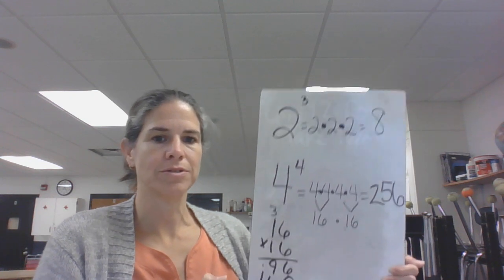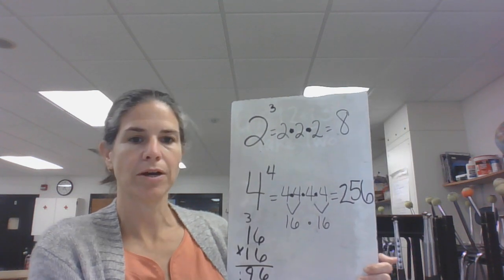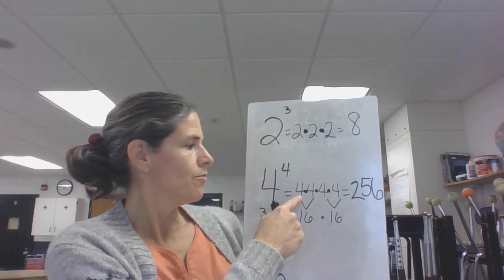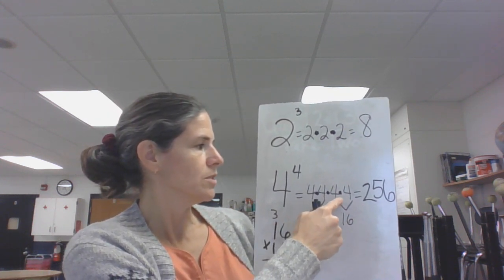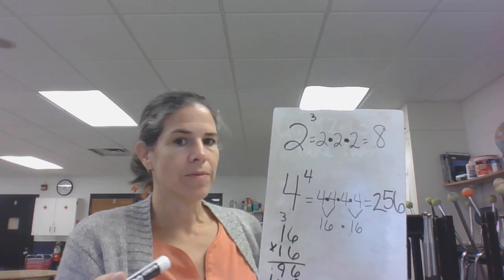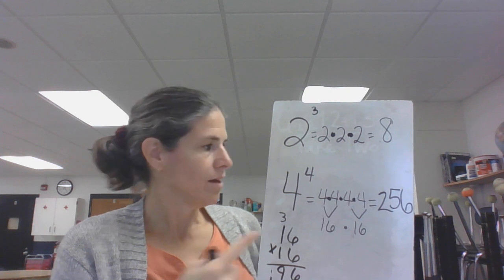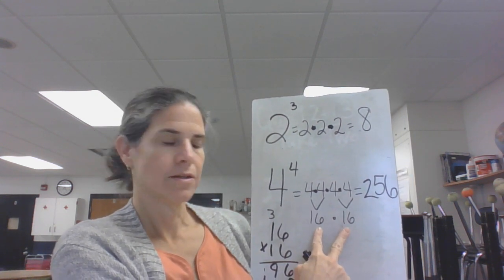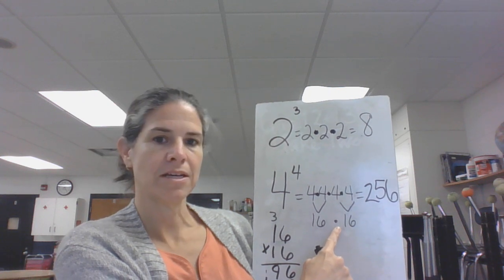The next thing that I want you to look at is 4 to the fourth power, which, as many of you knew already, is equal to 4 times 4 times 4 times 4. I can't do all that in my head. I can do 4 times 4 and get 16, so I end up with 16 times 16.